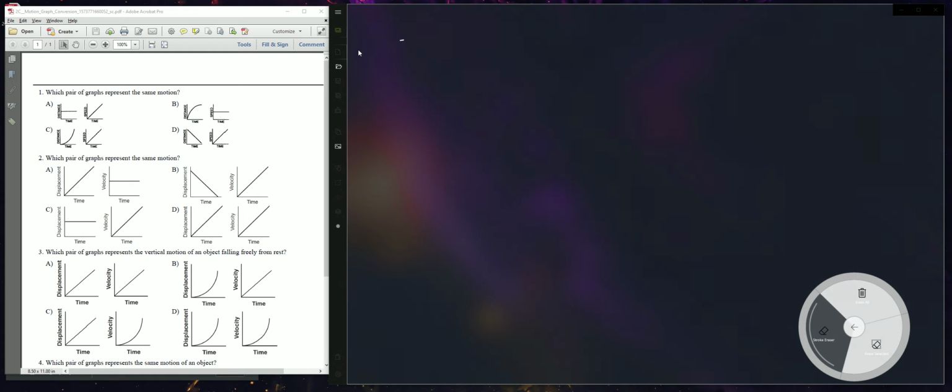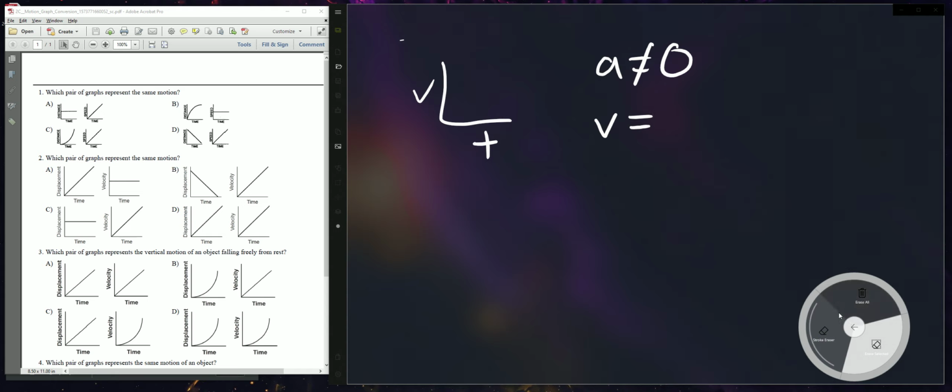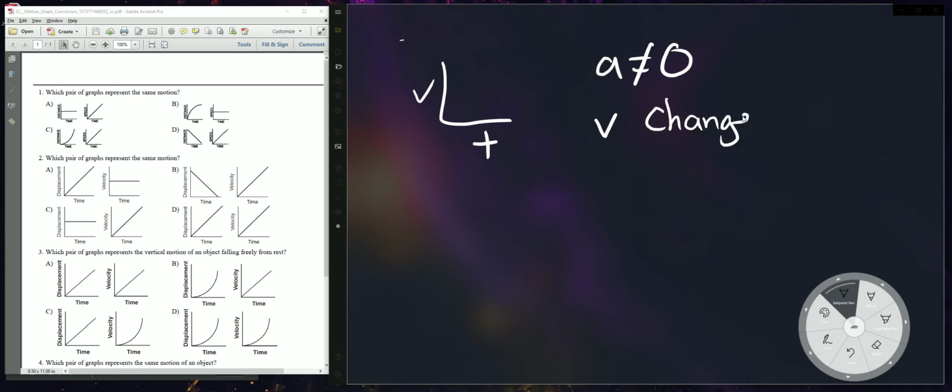So now that we've established that we do have an acceleration, our VT graph should look something like this. If acceleration is not 0, that must mean our velocity changes, because that is the definition of acceleration. Your acceleration is change in velocity over time.